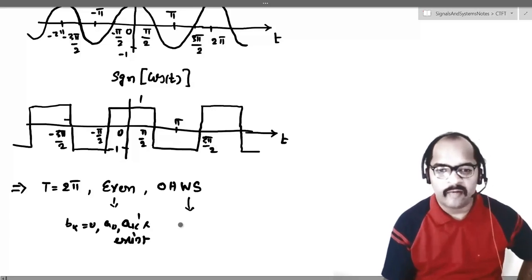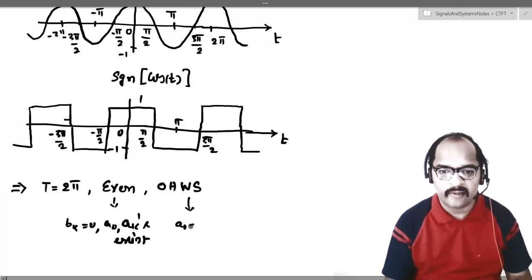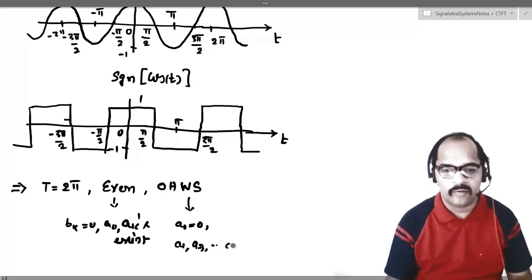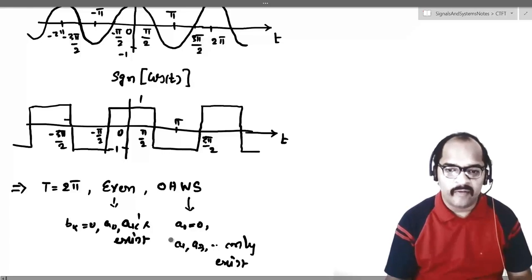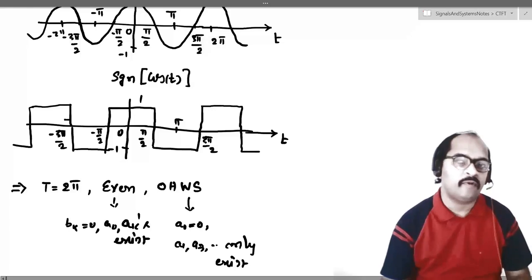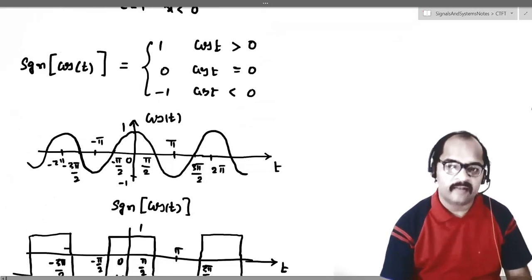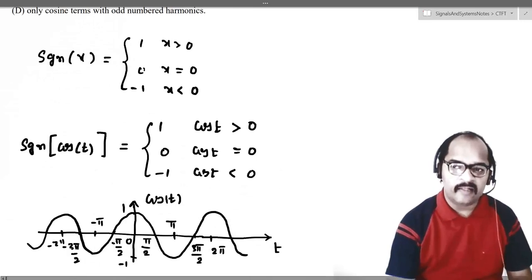Because it is odd half wave symmetric, only odd harmonics exist. So a naught is 0 and only a1, a3 and so on exist. That means we will have cosine terms, and in those we will have only odd components. That would be the Fourier series components of signum of cos t.